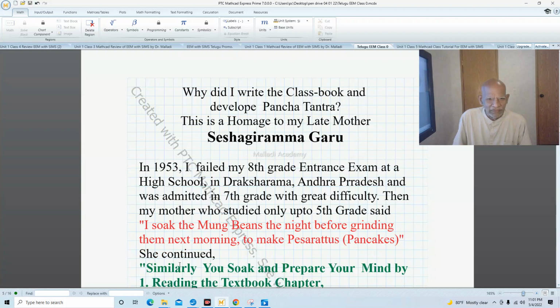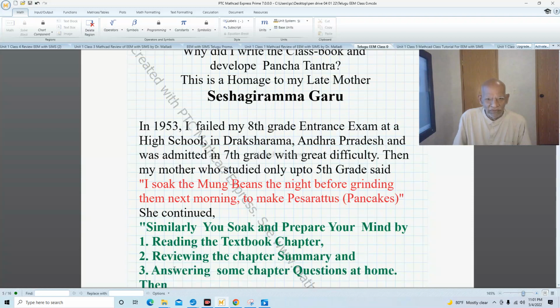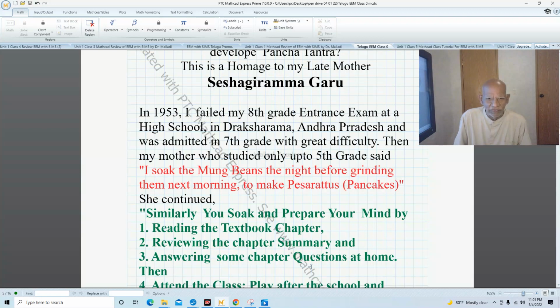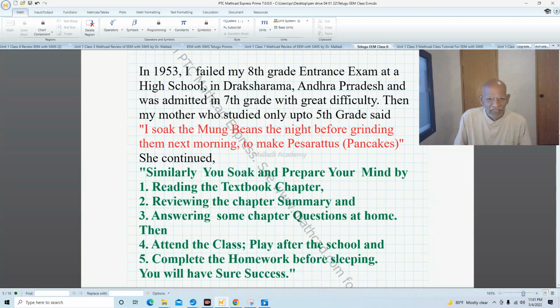She continued, similarly, you soak and prepare your mind by, 1, reading the textbook chapter, 2, reviewing the chapter summary at the end of the chapter, and 3, answering some chapter questions at home. Then 4, attend the class the next day, play after the school, and finally 5, complete the homework before sleeping. You will have sure success.